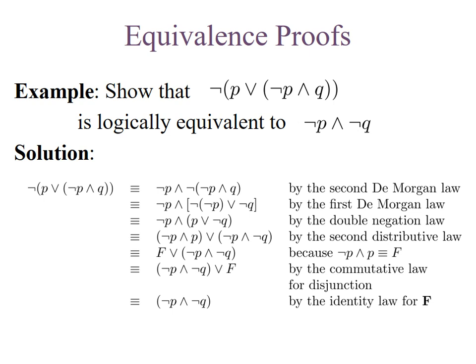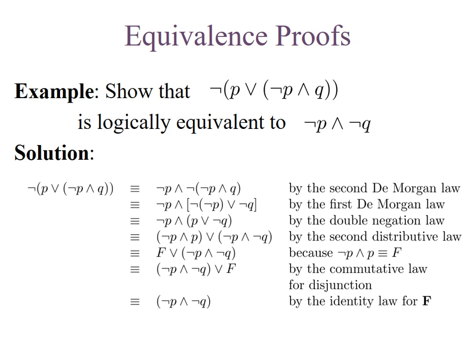Alright, now we have seen the basic forms. Not P and P is actually false, and then we have false or something. Then we can switch its position by commutative laws. This tells us we can apply identity laws again, because false or something is just that something itself.